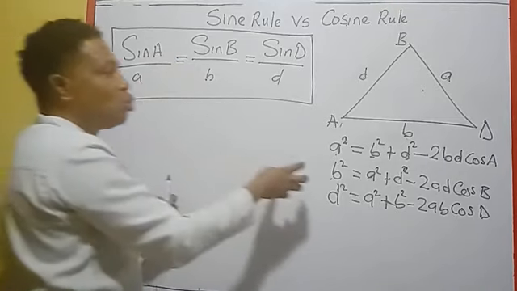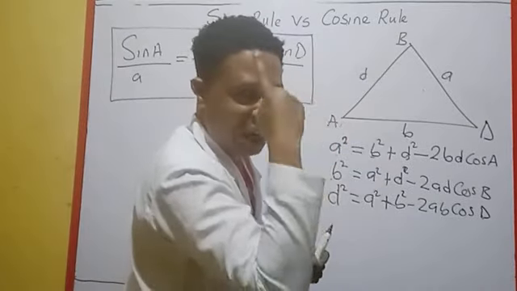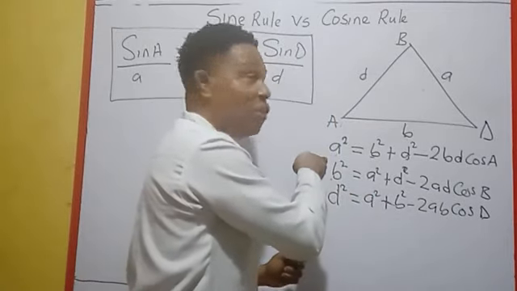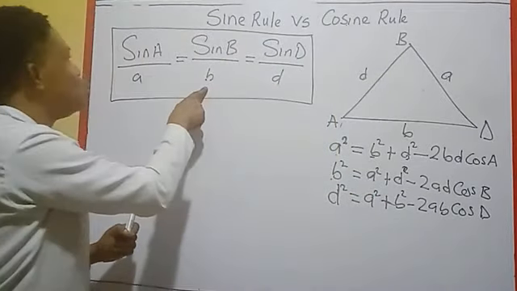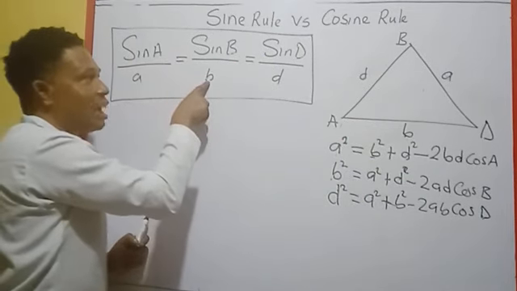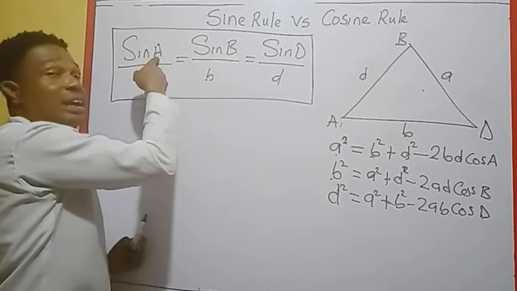But in cosine rule, you need two sides and one angle to find the other side. In sine rule, you need two angles and one side to find the other side, or two sides and one angle to find another angle.